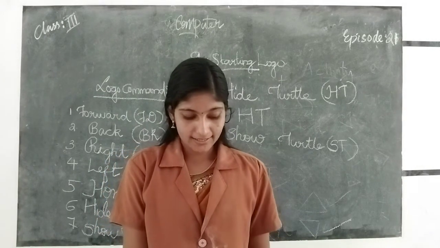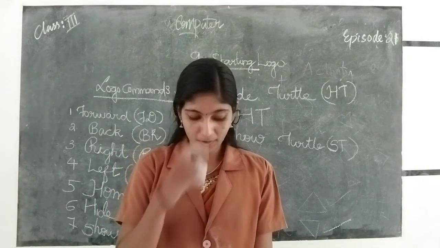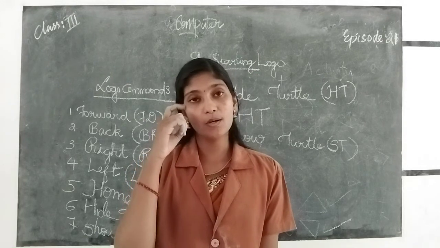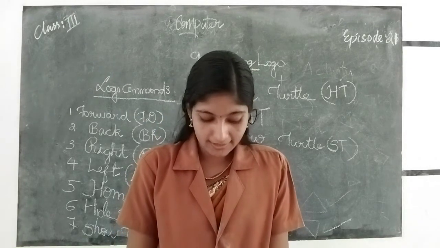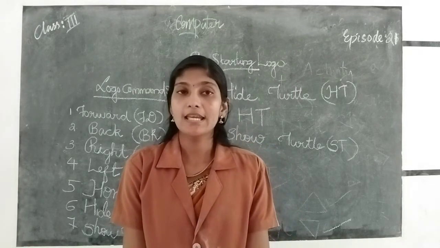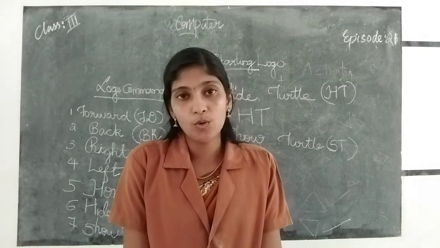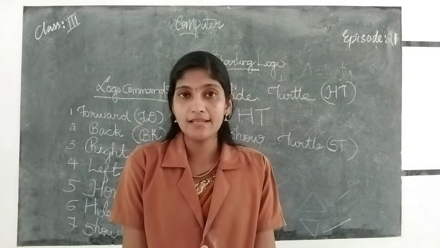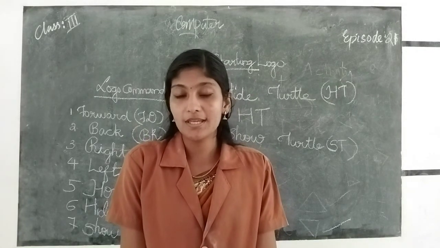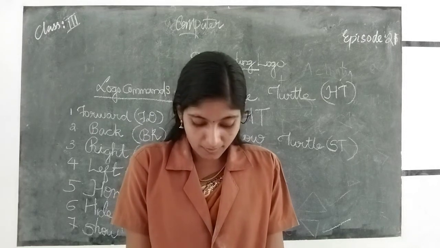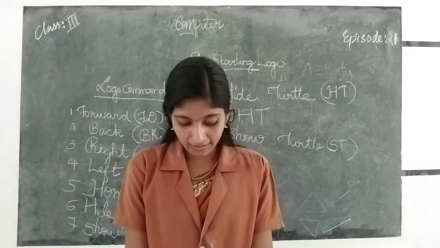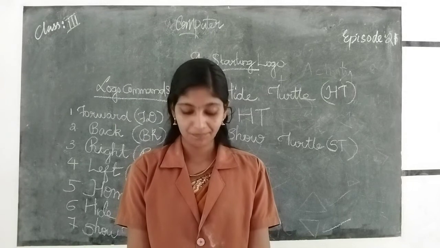Then there are some components. The first component is the drawing area, the place where we draw figures. The second is the reset button, which erases all the unwanted lines and brings the turtle to the center position. The command recall box stores all the commands you have given in the input box.